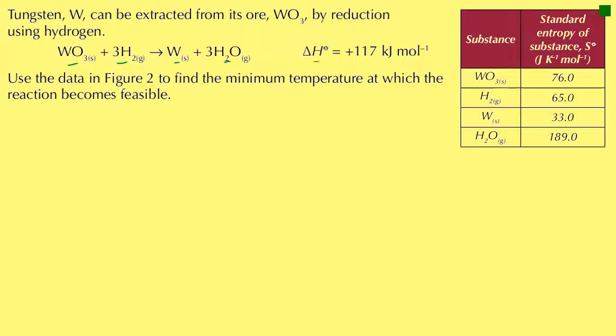And we're given an enthalpy change, but we're asked to find the minimum temperature at which the reaction becomes feasible. So first of all, of course, we have to find the change in entropy over that reaction. We're given the entropies of the individual reactants and products, but not the change.